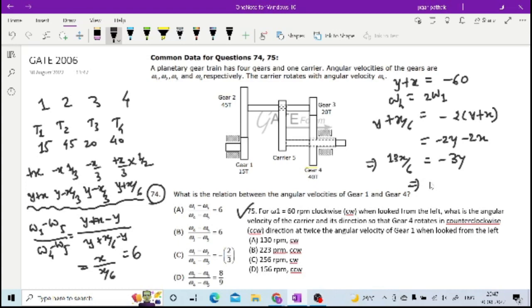Here x is nothing but minus y minus 60 from this condition, right?